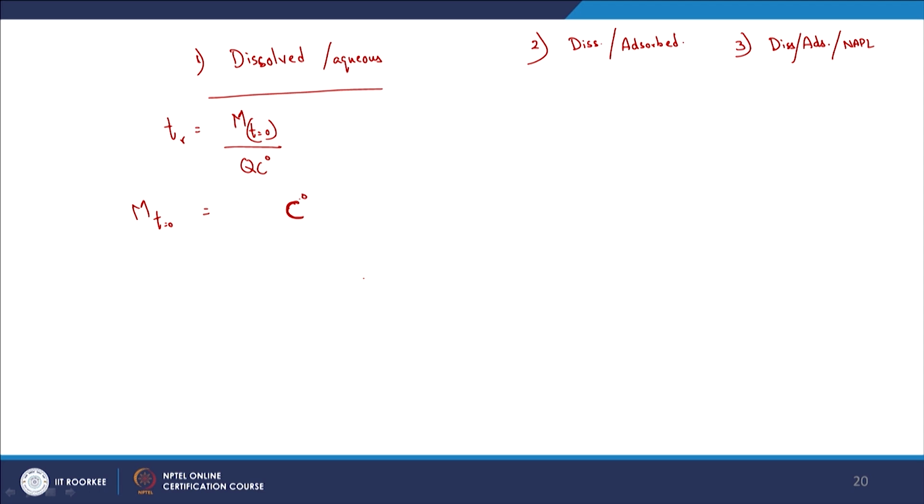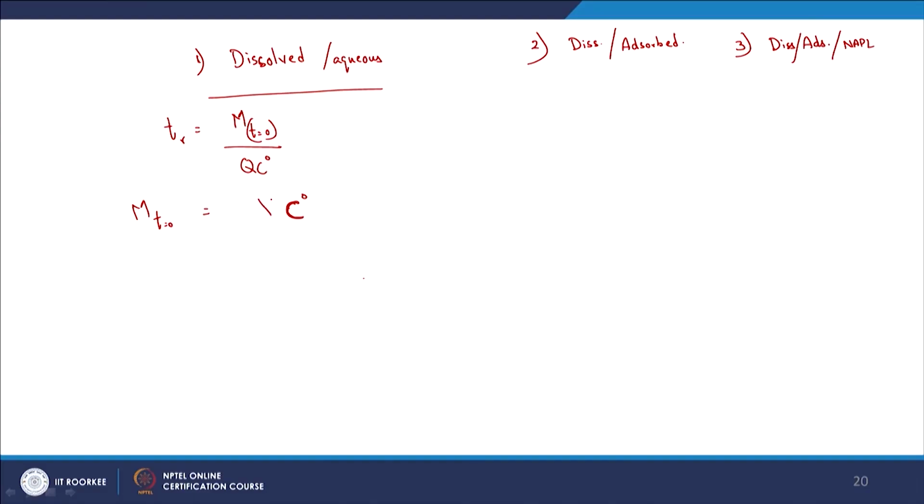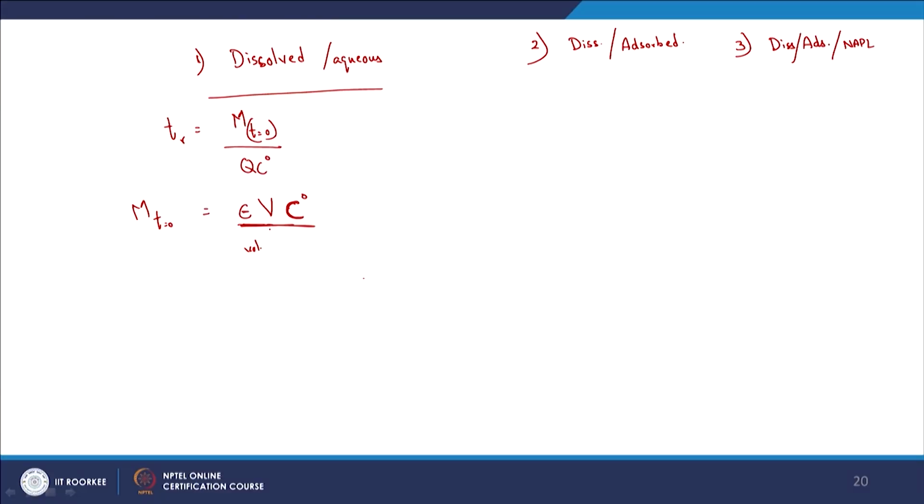I have the concentration of the contaminant in the groundwater and I know the volume of this particular contaminant zone. So if the total volume is V, porosity times V will give me an idea about the pore volume filled with this particular contaminated groundwater, right. So porosity times total volume will give me the volume of contaminated groundwater.